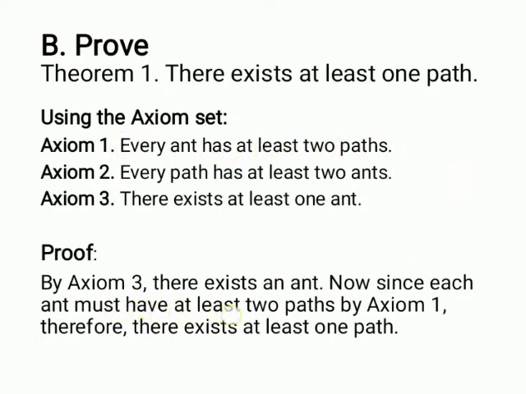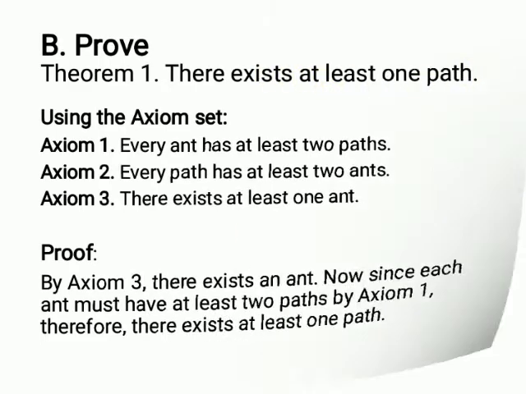Must have at least 2 paths by axiom 1. Therefore, there exists at least one path. So, syempre, dahil nakasaad sa axiom 1 natin na merong at least or hindi bababa sa dalawang path, therefore, there exists at least one path. Meron at merong isang path tayong makikita.